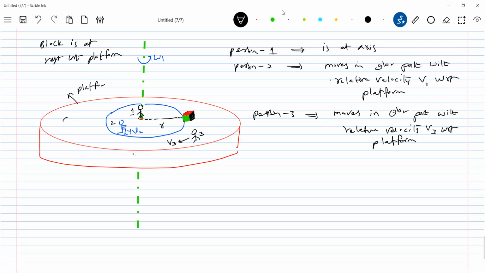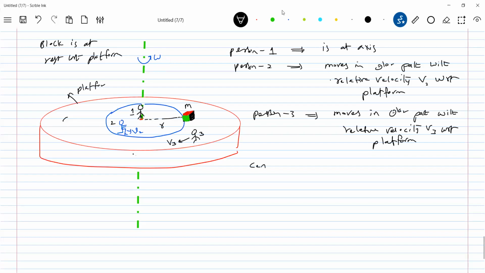But the very definition itself is what I'm trying to stress here. What is the centrifugal force acting on the block of mass m, as seen by person 1, person 2, person 3? I'm going to say the same. Person 1, m omega square r. Person 2 also m omega square r. Person 3 also m omega square r. That's all.